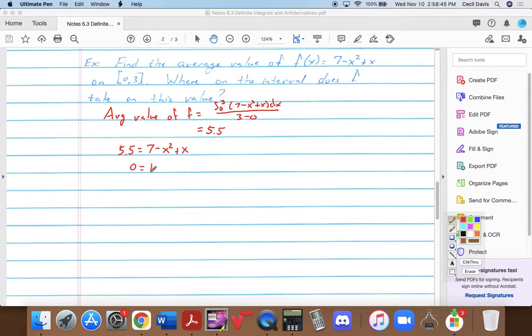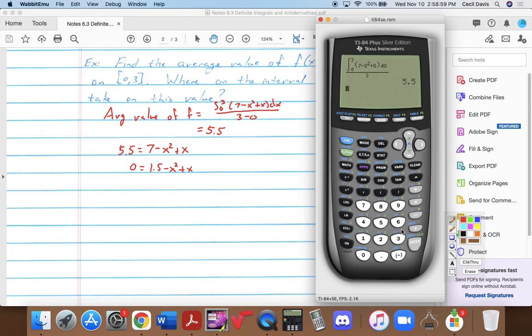So it'd be 0 is 1.5 minus x squared plus x. I have no desire to try and figure that out by factoring or by the quadratic formula. Since I've already used the calculator, I'm assuming this is a calculator active problem. So 1.5 minus x squared plus x.